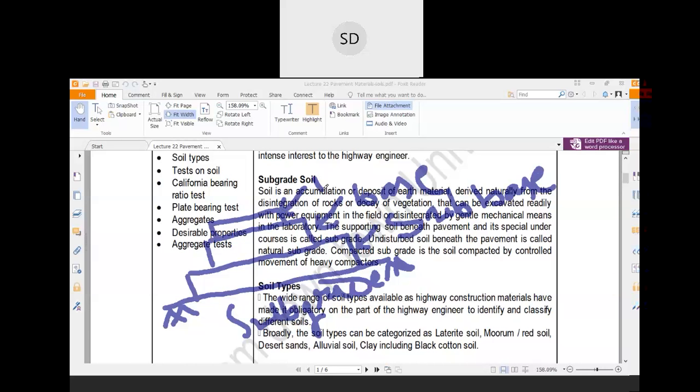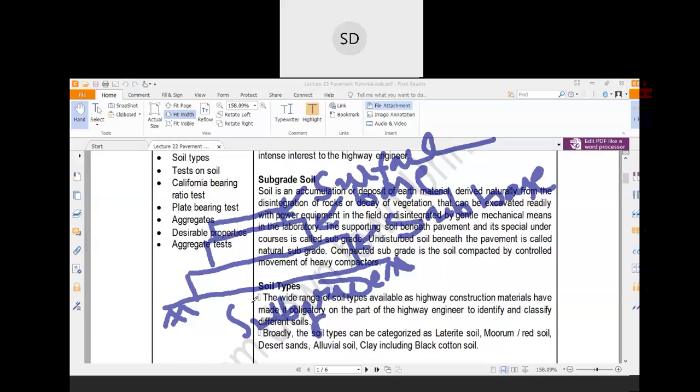It would be called your surface layer. So these are the various components of a cross section of a bituminous road. This is the subgrade layer, the below layer of soil.